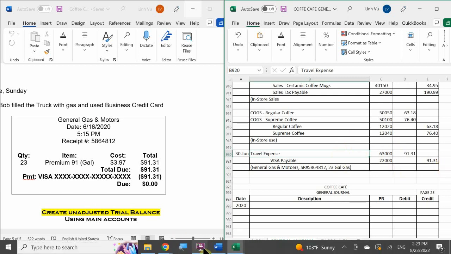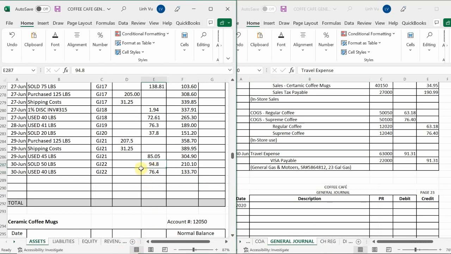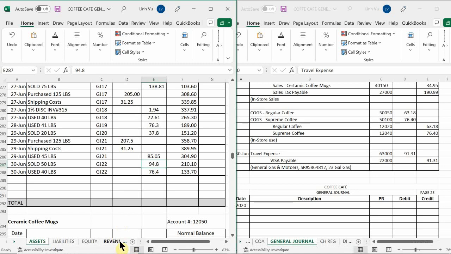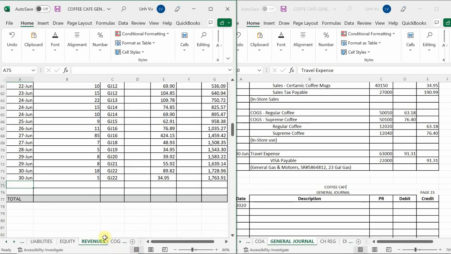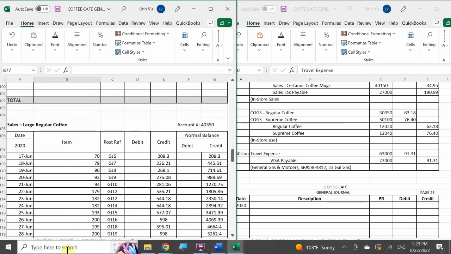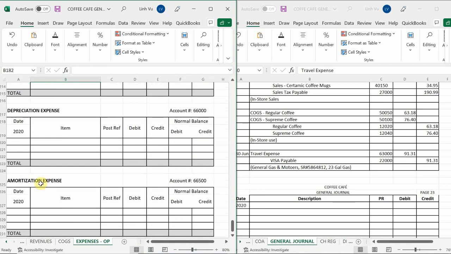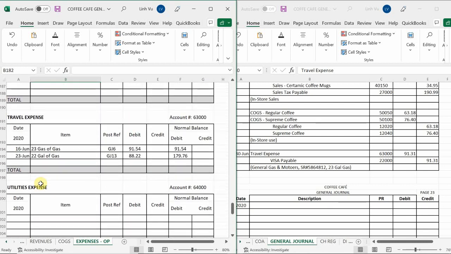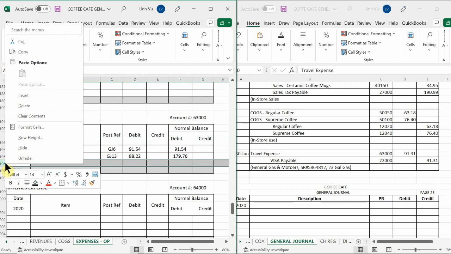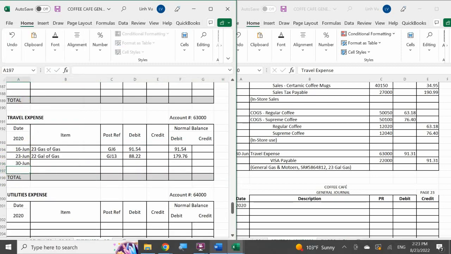So I'm going to plug this into my ledger. Okay. Starting with travel expenses, which is operating expense. Here you go, travel expenses. Let me go ahead and insert an extra line in there. 630.